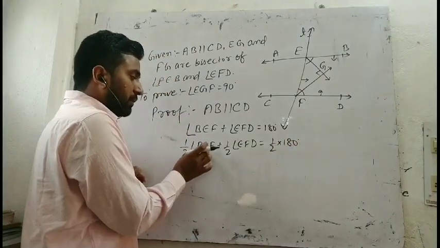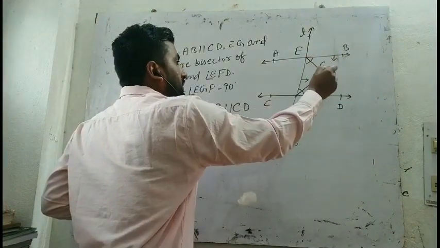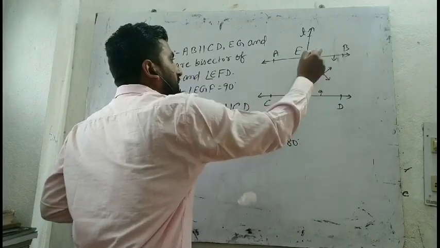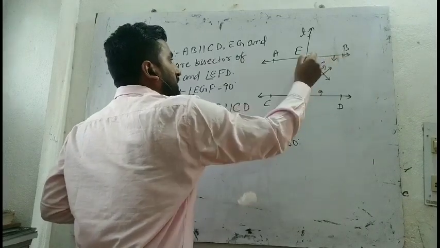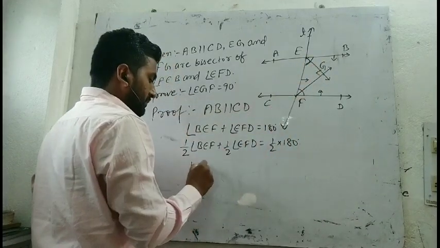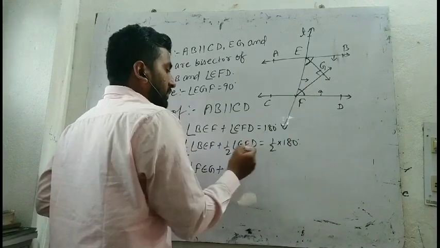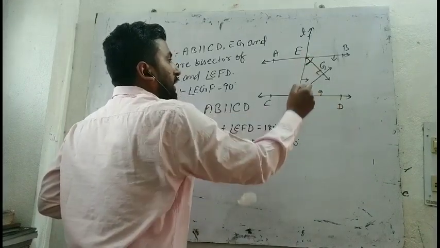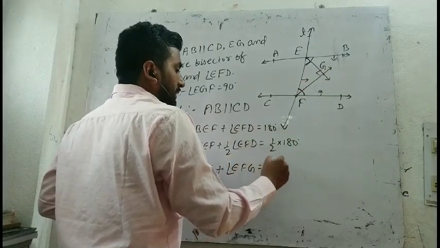In place of half of BEF, since EG bisects angle BEF into two equal parts, we can write angle FEG. Similarly, we can write half of angle EFD as EFG, that is equal to 90 degrees.